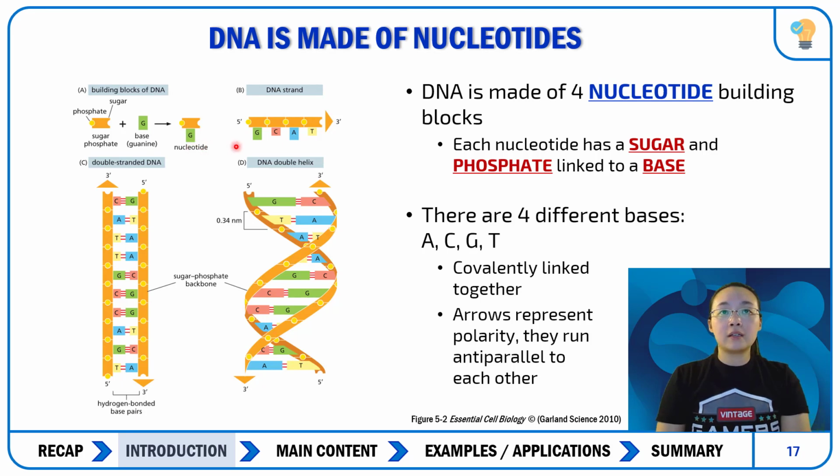Then there are 4 different bases that we have to be aware of. There's A, C, G, and T, which we'll go into a little bit more detail with in a bit. These different bases are covalently linked together, and the arrows here represent polarity. So there are 2 arrows here. They're going to run anti-parallel to each other in the DNA double helix, and they're going to be complementary.